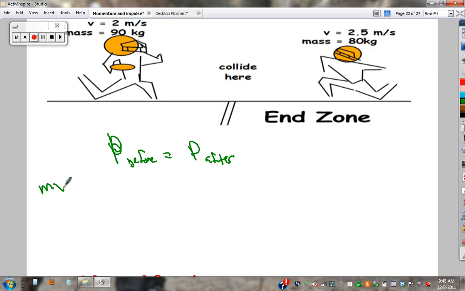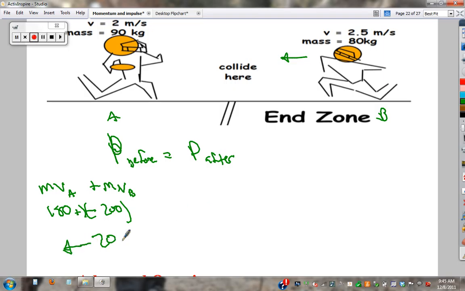Well, I've got mass times velocity of runner A plus mass times velocity of B. This guy is 180. This guy's going in the opposite direction, so I'm going to call it negative 200. So the momentum before is 20 in the negative direction, so it's 20 that way.